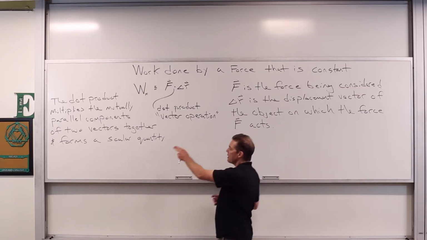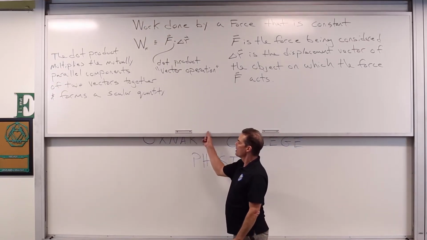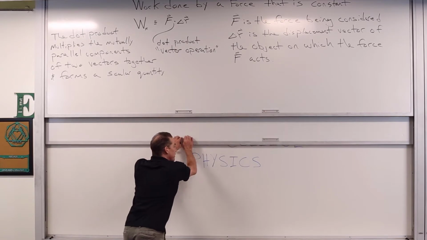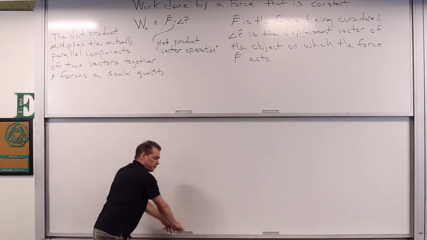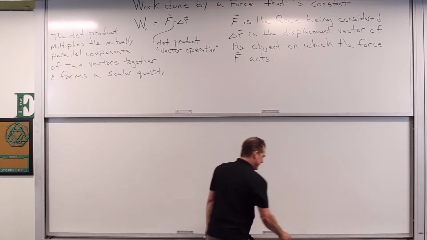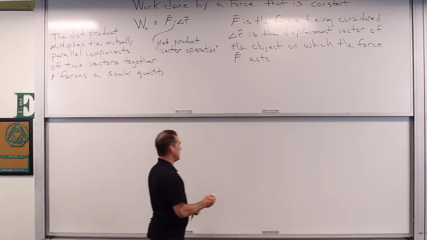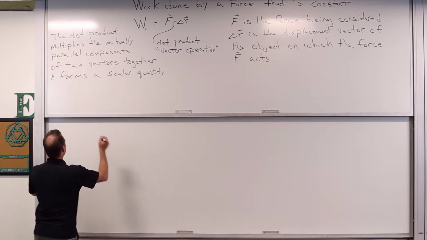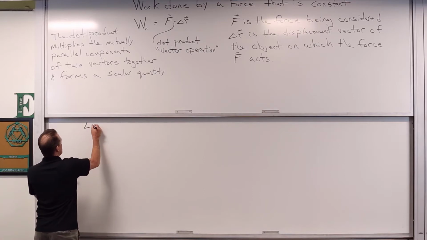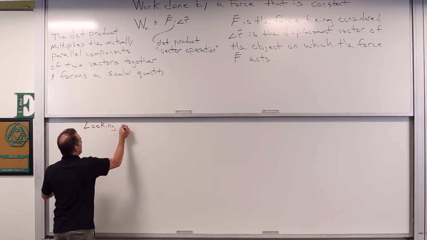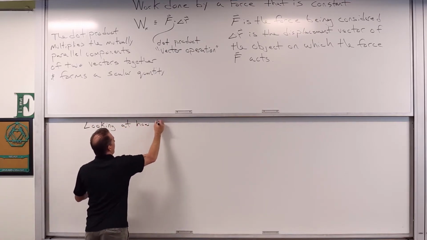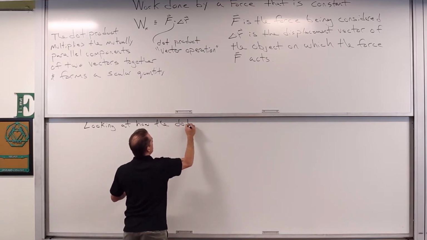All right, so let us see how this dot product works first, just in case you have not seen it, which is perfectly fine. So what we're going to do is consider two vectors. Looking at how the dot product works.